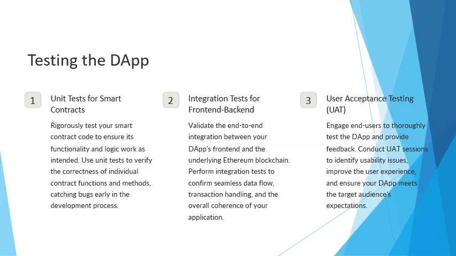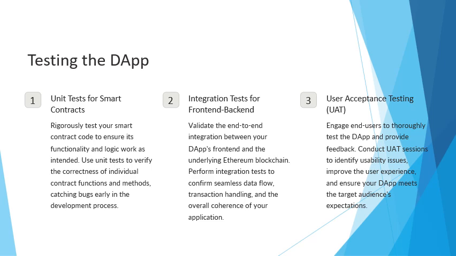Now, to test the DApp, we can first write the unit tests. We first rigorously test our smart contract code to ensure its functionality and logic work as intended. Then we run integration tests for front-end and back-end. We validate the end-to-end integration between your DApp's front-end and the underlying Ethereum blockchain.